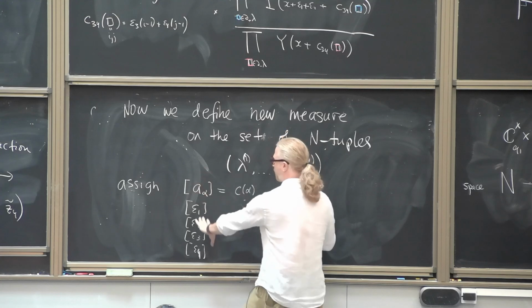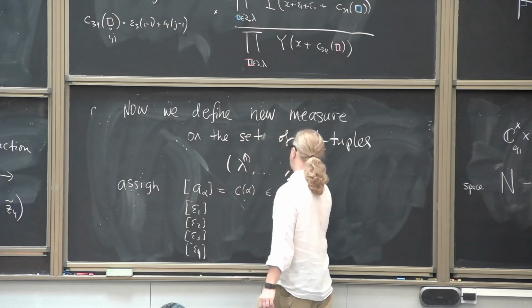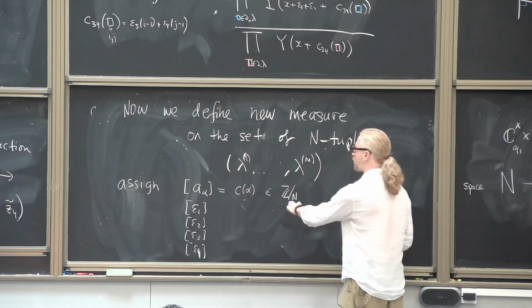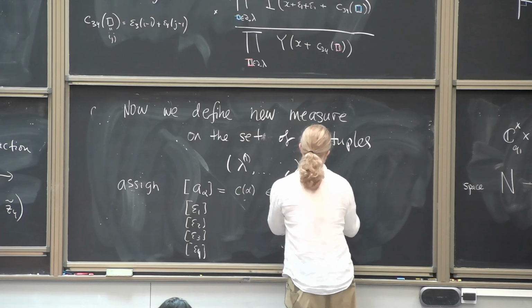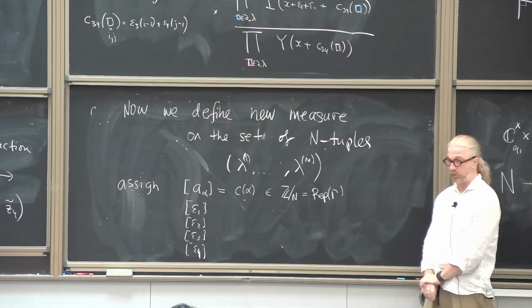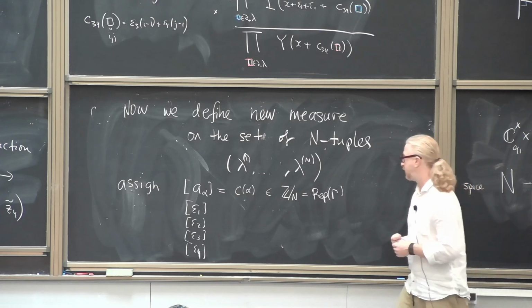So these things are valued in Zn, which is not the group, but it's a group of irreducible representations of my group gamma, which happens to coincide with Zn, but it's kind of an accident.